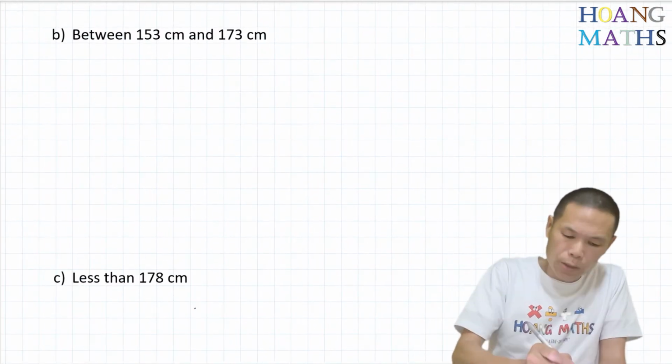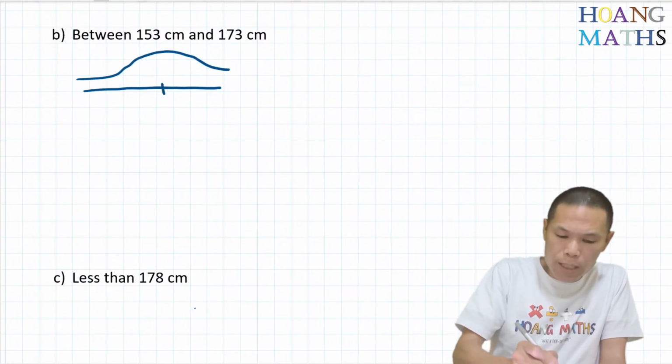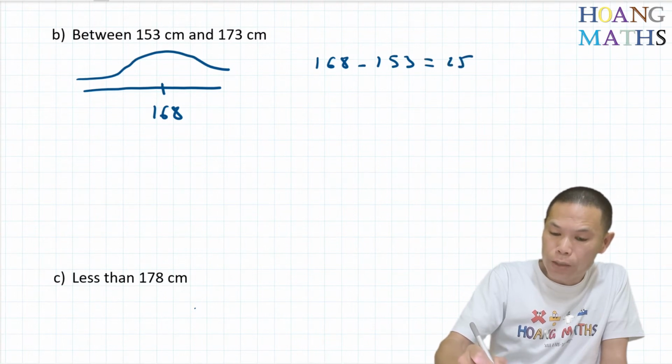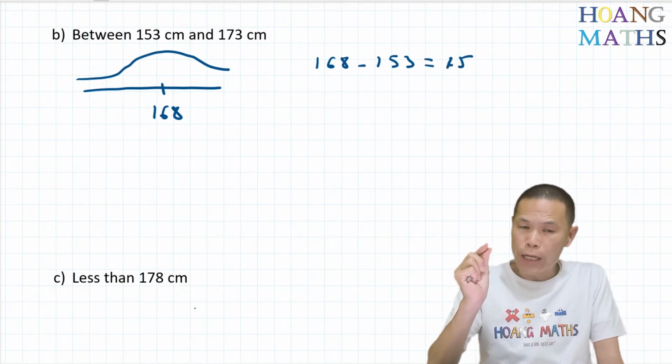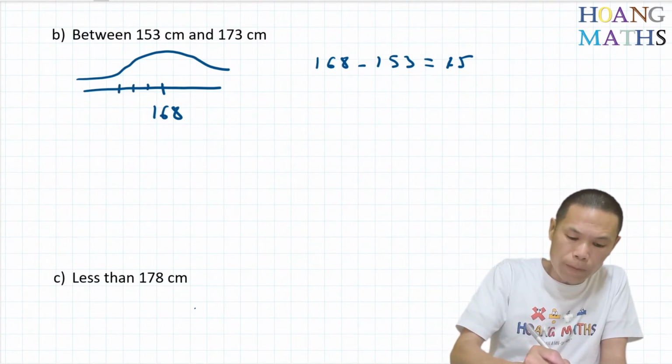Part B. So again, let's just draw a curve first. The mean is 168. So we go 168 minus 153, that gives me 15. Each standard deviation is 5, so 15 is 3 lots of 5. So this means 1, 2, 3.